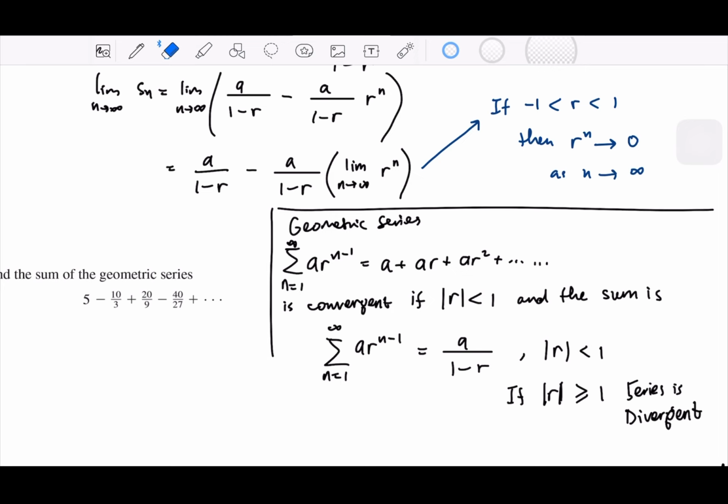So if you can identify the series as a geometric series, meaning you can write it in this form, then we can directly use these formulas. Okay? Make sure that R is less than 1. Okay? And we can compute the value.